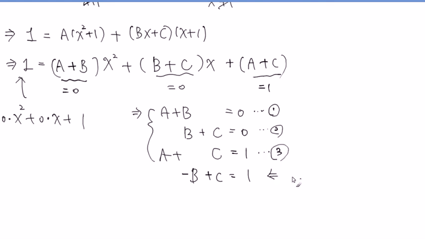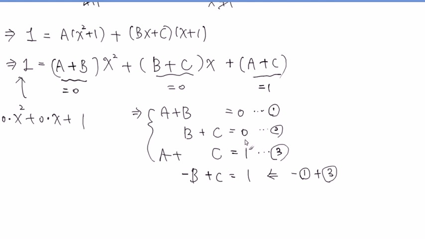I got this one by negative 1 times number 1 plus number 3. Negative a, negative b is equal to 0. I added it here, the negative a and positive a cancel. So negative b plus 0 plus c equals 1. So I got this new equation about b and c.